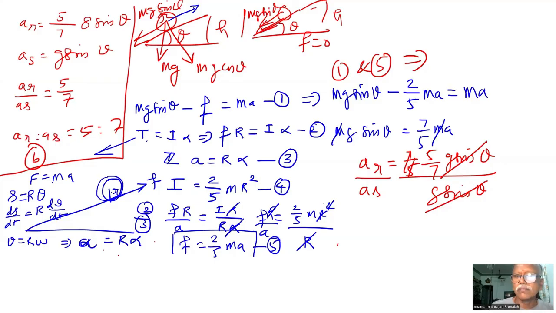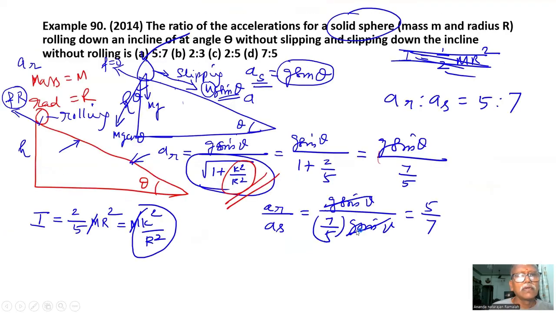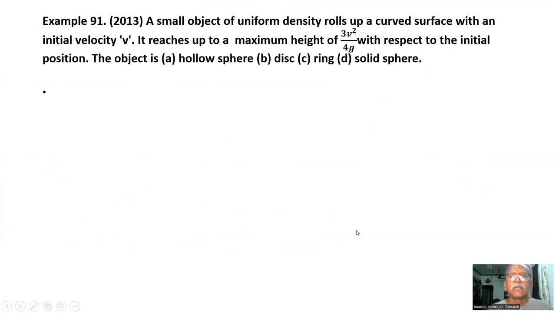But this is theory. 91. A small object of uniform density.